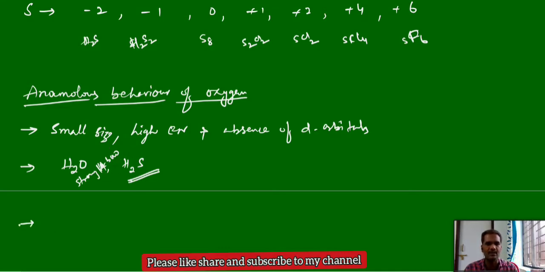Next, covalency. The maximum covalency for second period elements is 4, but in the case of oxygen, mostly it shows covalency 2, very rarely 3, and covalency 4 is very rare. It cannot exceed 4. The maximum covalency is 4, but it rarely shows more than 2.